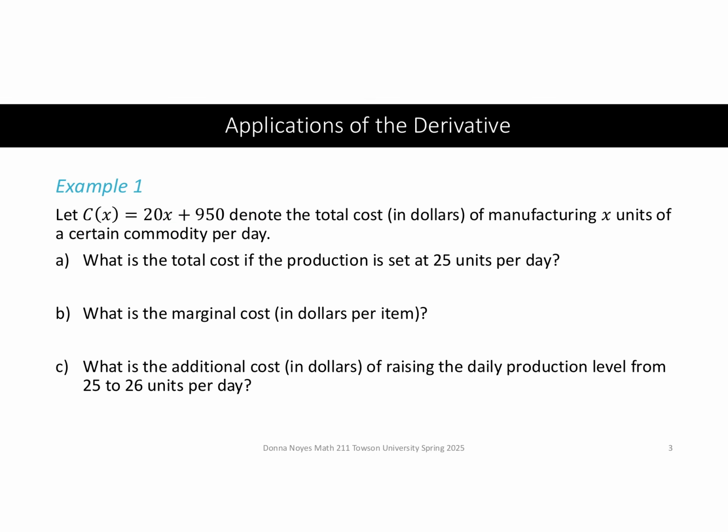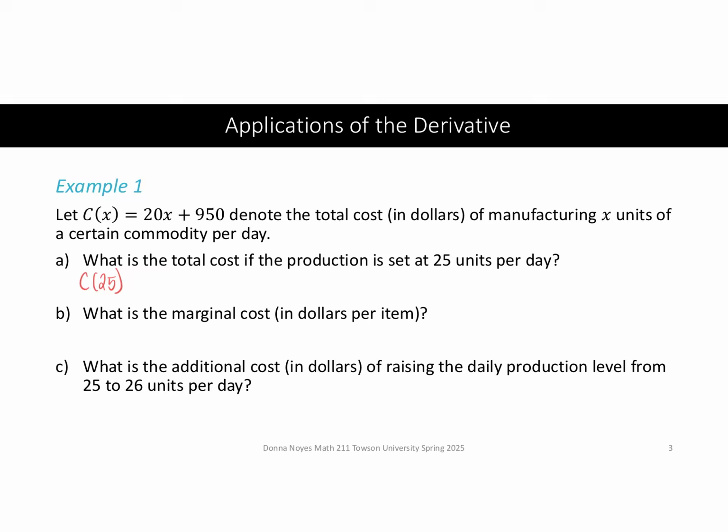So for example 1, we said that let C of X be 20X plus 950. And that is our total cost in dollars of manufacturing X units of a certain commodity per day. What is the total cost if the production is set at 25 units per day? That is simply just finding C of 25. We're trying to figure out what our costs are at 25 units.